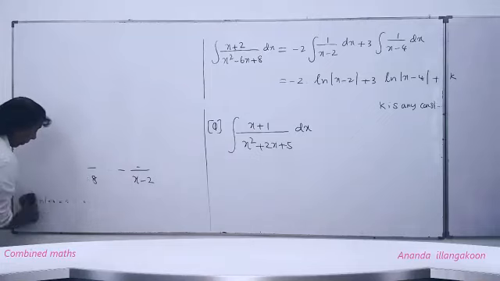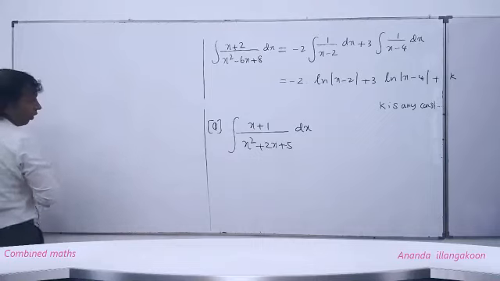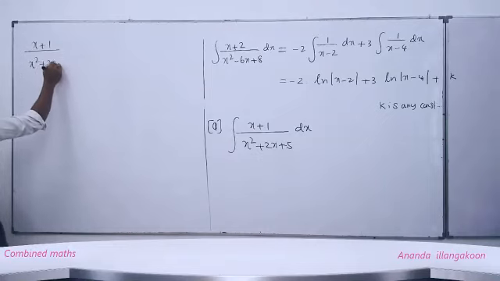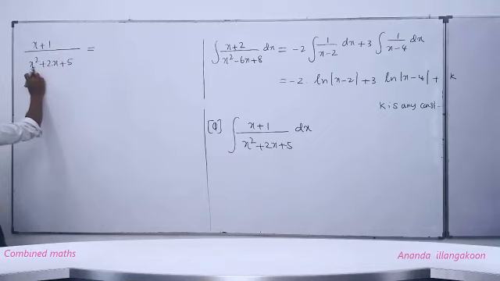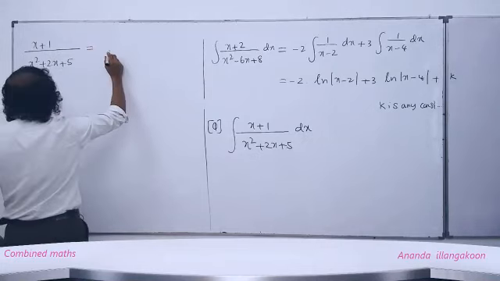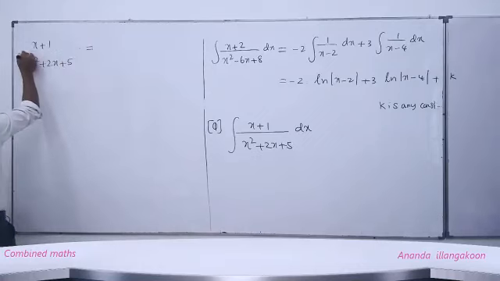Remember that. Right. Then, first of all, this is what I do. I'm going to write x plus 1 divided by x squared plus 2x plus 5. Then, the derivative of this denominator is 2x plus 2, no? 2x plus 2. Then it's very easy in this case.